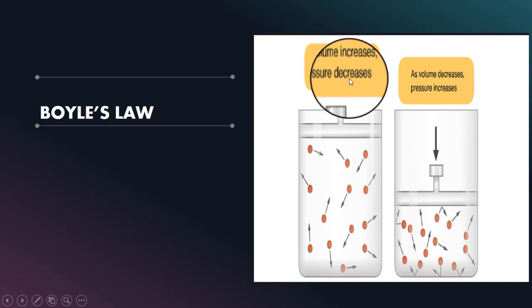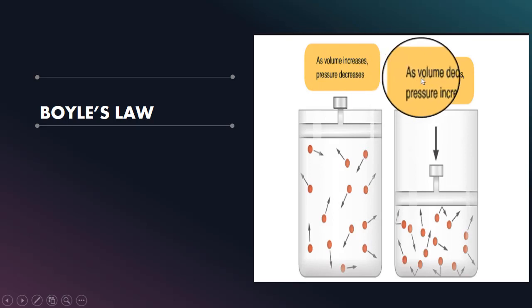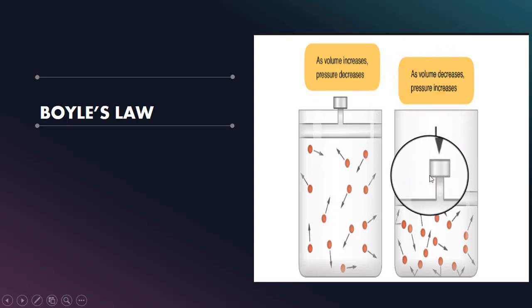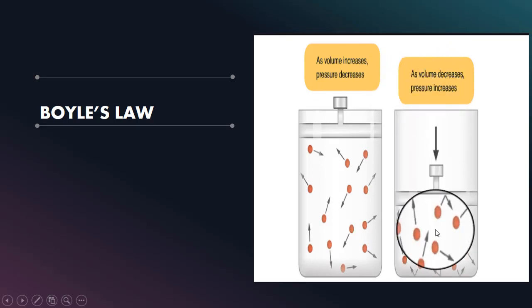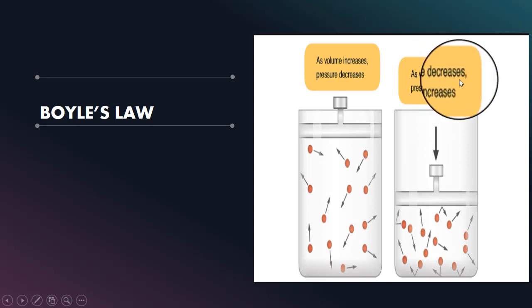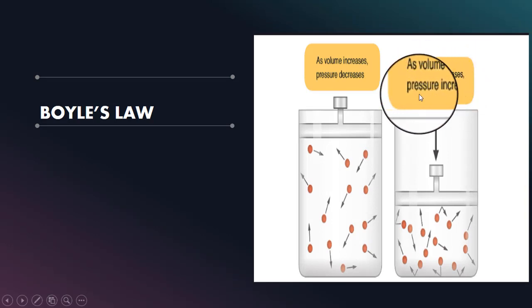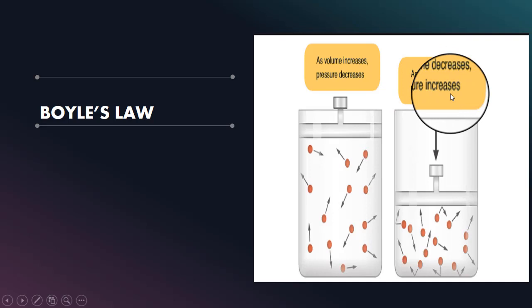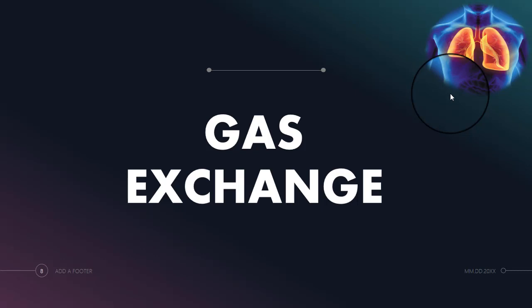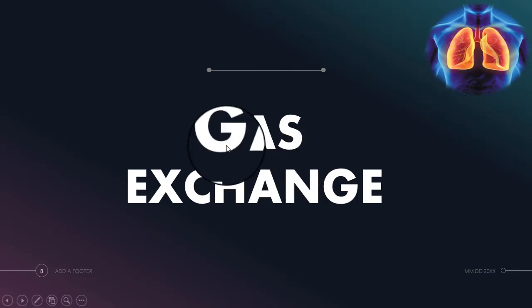On the other hand, when the volume of the thoracic cavity decreases, the volume of the lungs also decreases and the pressure within the lungs increases. So this was all about Boyle's law, and we have discussed the mechanism of breathing. Now next we'll talk about gaseous exchange.